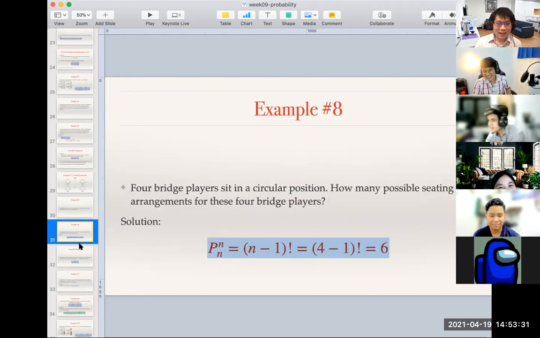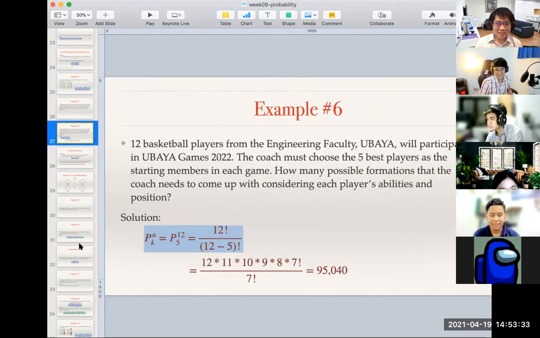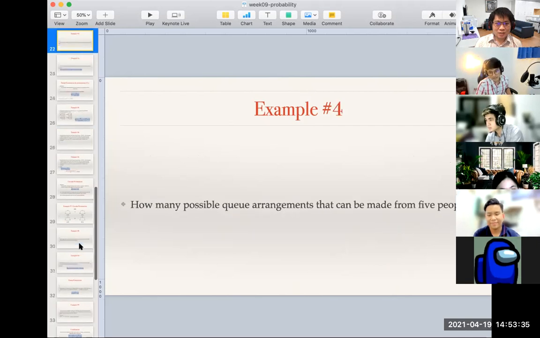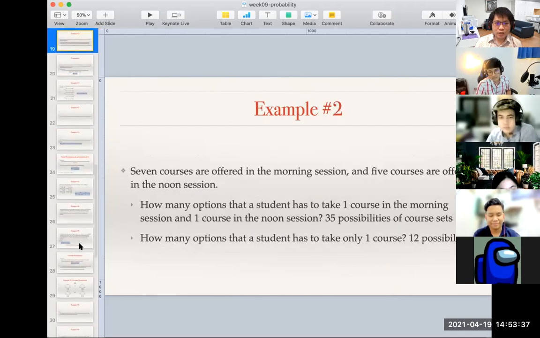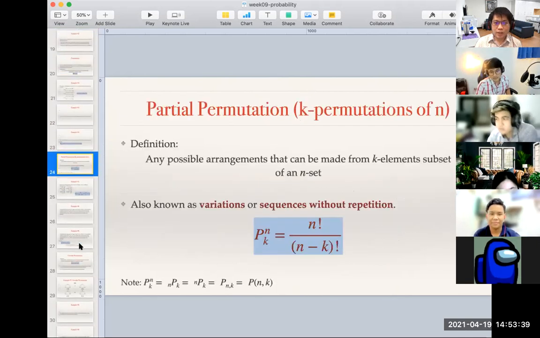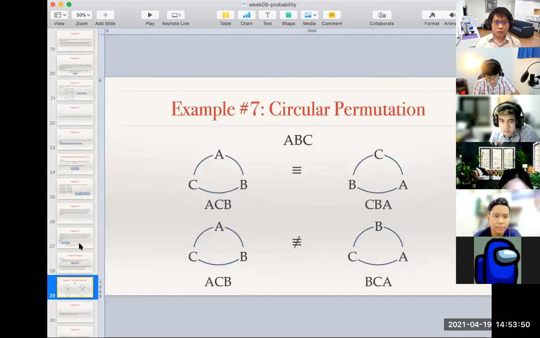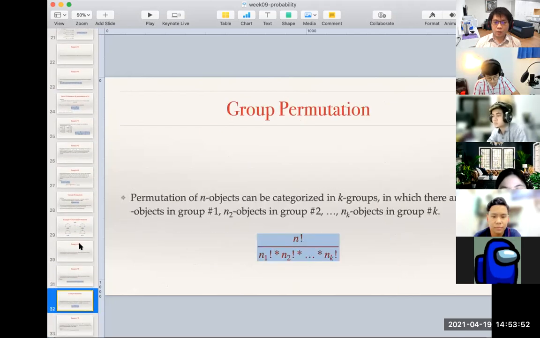Because we have a lot of formulas here, right? One easy way is to see the basic characteristic of each type of permutation: complete permutations, partial permutations, circular permutation, and group permutations.